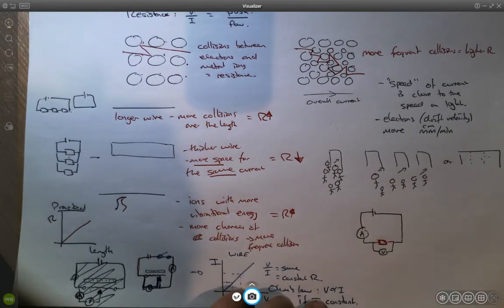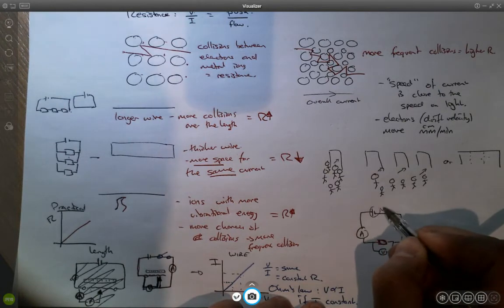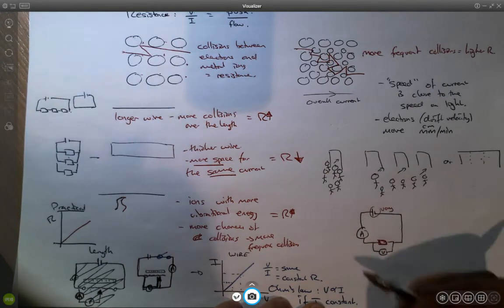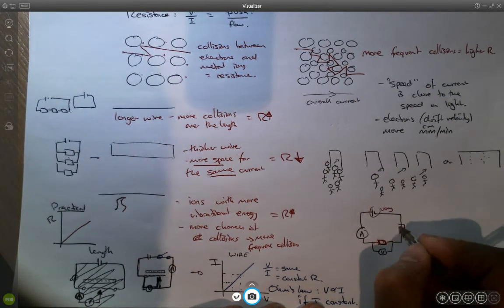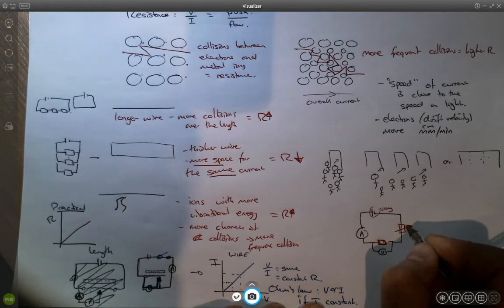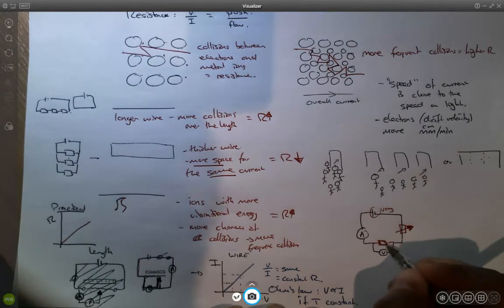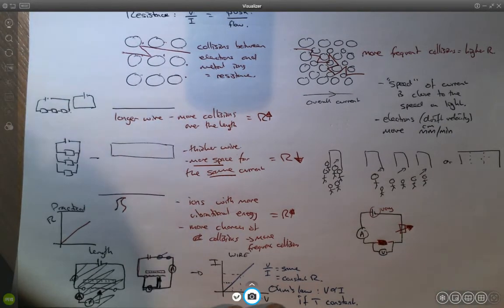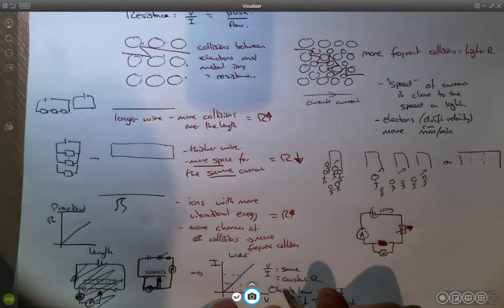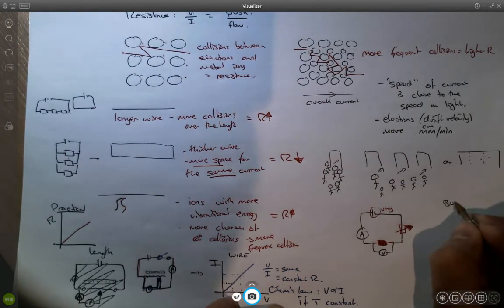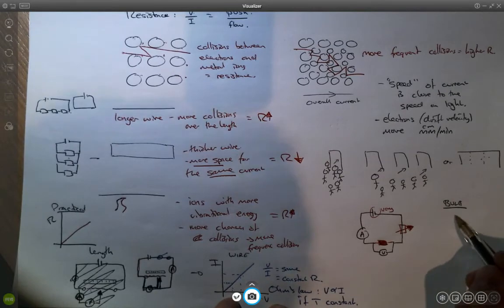You can either vary this if you have a variable power supply, or you can put in a variable resistor, and you can change the total resistance, which will change the voltage and current, and then you can plot that. So we need to do this for a wire. We also need to do it for a bulb and see what happens to the resistance.